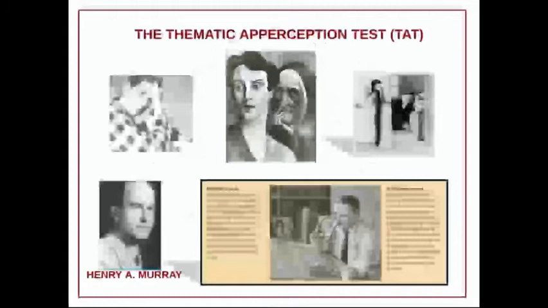Another projective test is this Thematic Apperception Test, in which you're given this image, right? And you have to create a narrative to explain it. So there is really no right answer, but they'll start to look at different factors of your personality and your understanding and your character and your morality as to why you explain things in the way that you do.